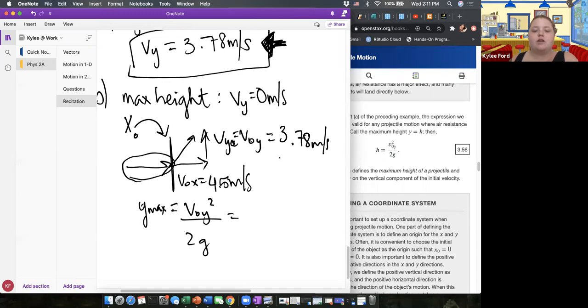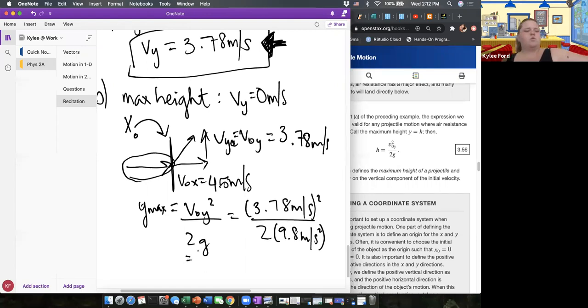Okay, so let's plug our stuff in. 3.78 meters per second. Square that. Divided by 2 times 9.8 meters per second squared. Boop. And so that is, oh, sorry, twisted my wrist, which is not what I'm supposed to be doing right now. Okay, so 8 divided by 2 times 9.8.